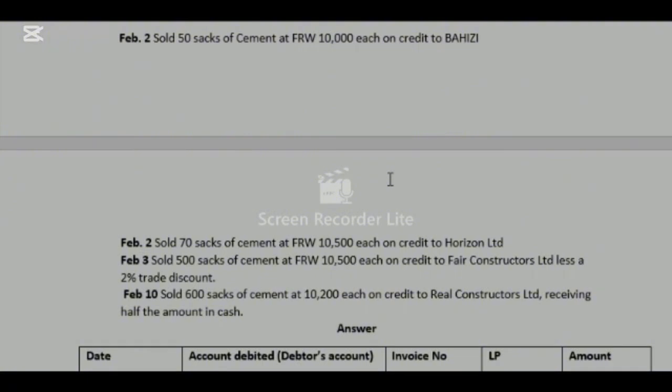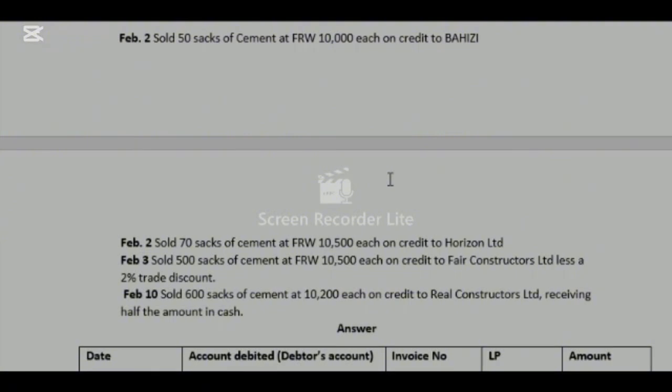When we observe it very well, on February 2, it is a credit sale. Yes, this is included. On February 2, it is also a credit sale. This is also included. On 3 February, it is also a credit sale. On February 10, it is also a credit sale. But here there is a challenge.